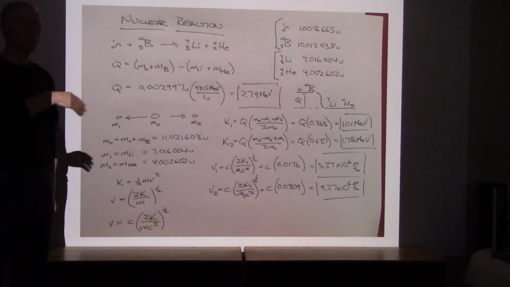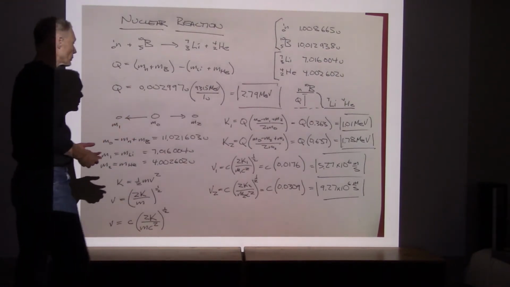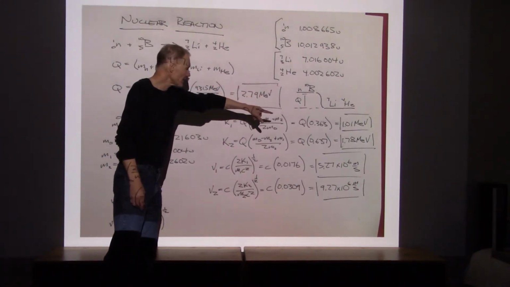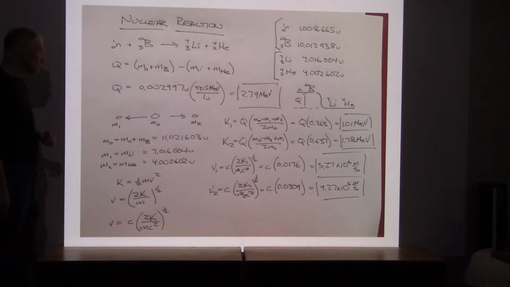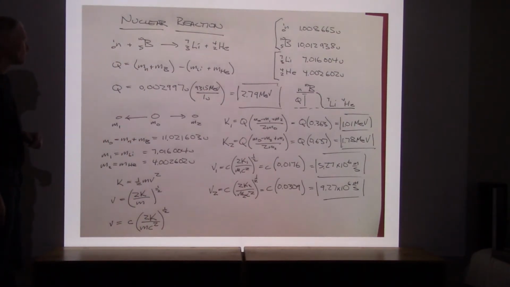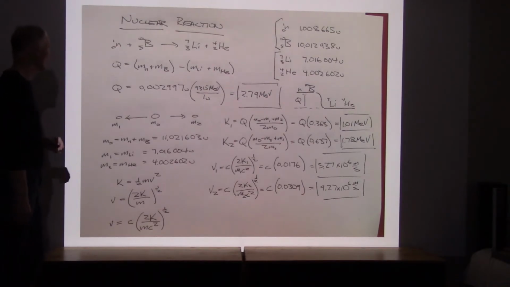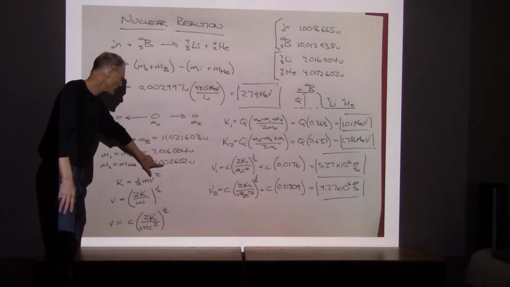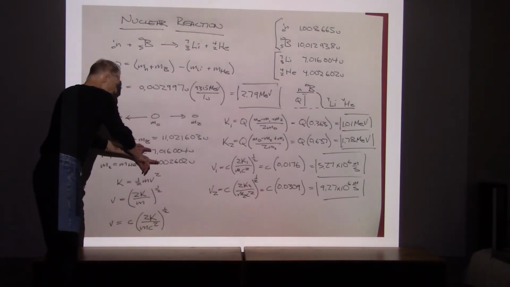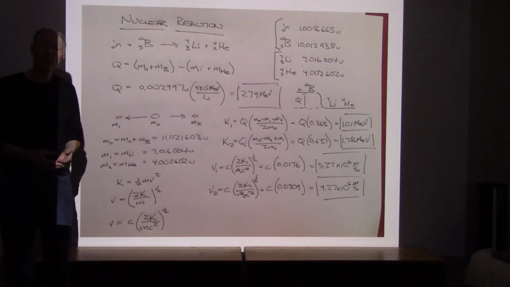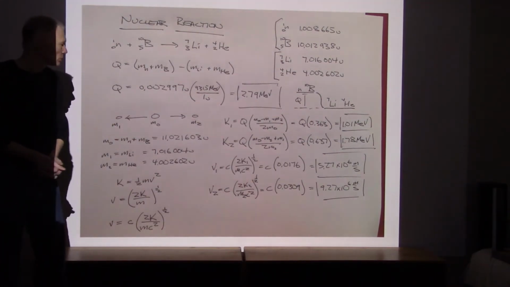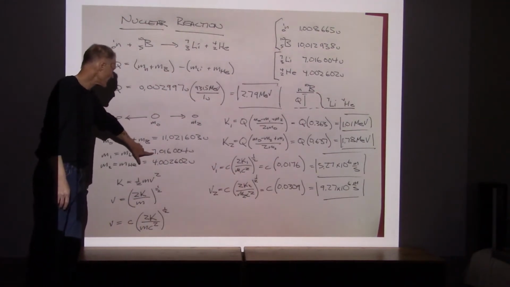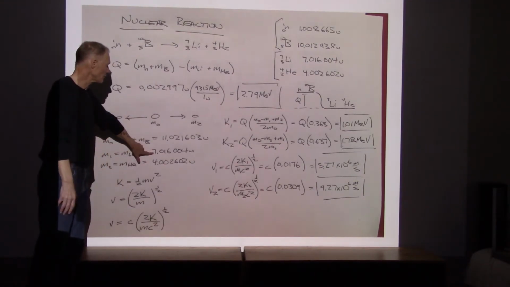So rather than trying to get masses in kilograms and whatever, what we can do is this. We've got the kinetic energies. Those are already in MeV. And the way we can get the masses is we take these atomic mass units and multiply them by 931.5.